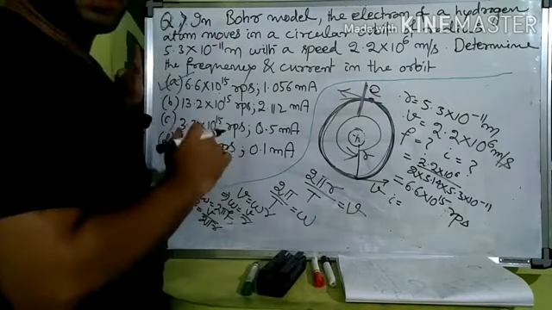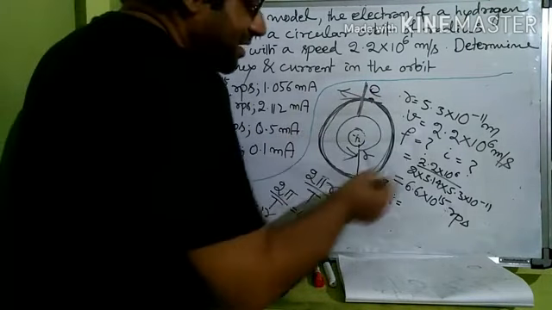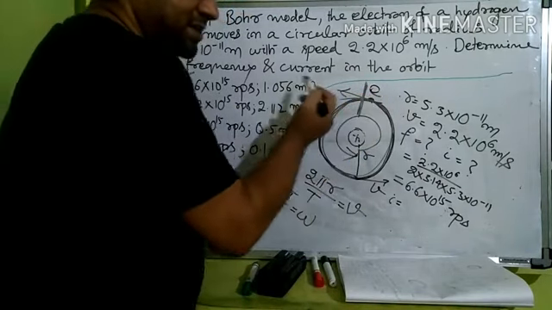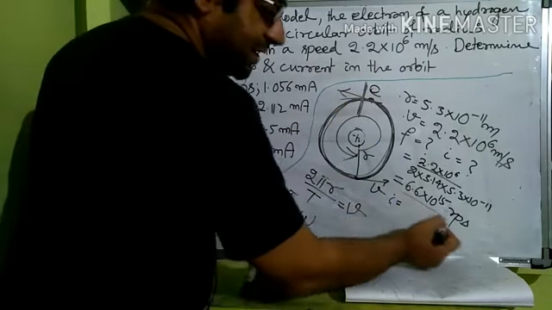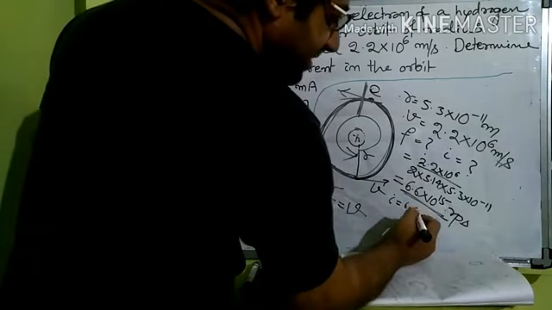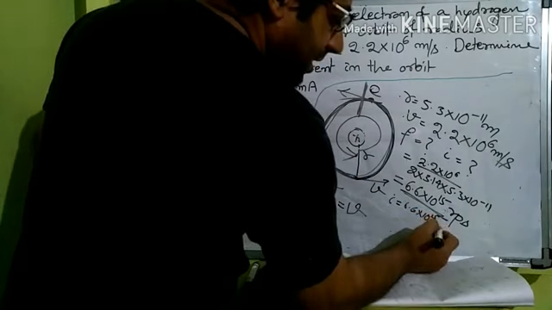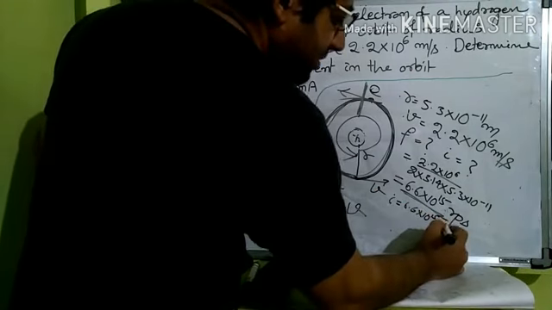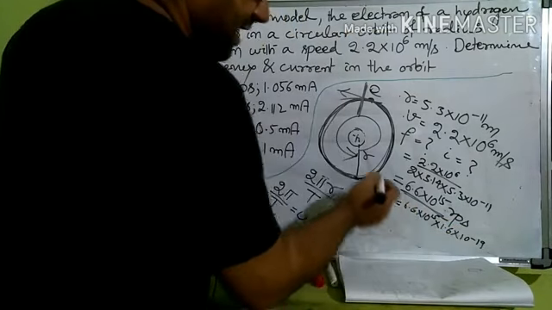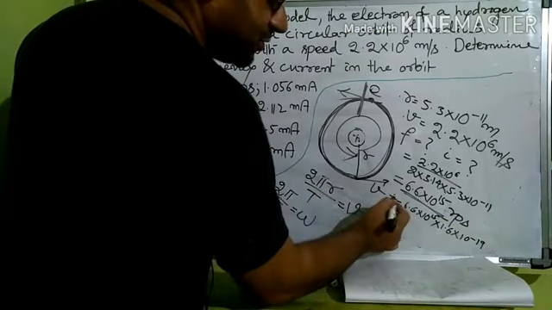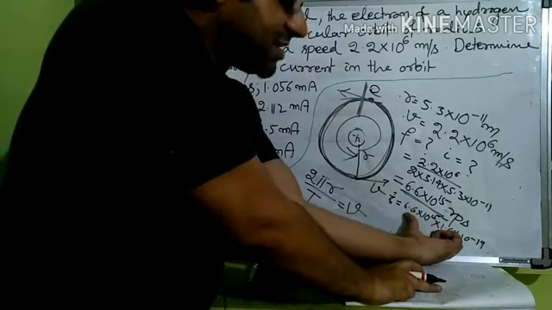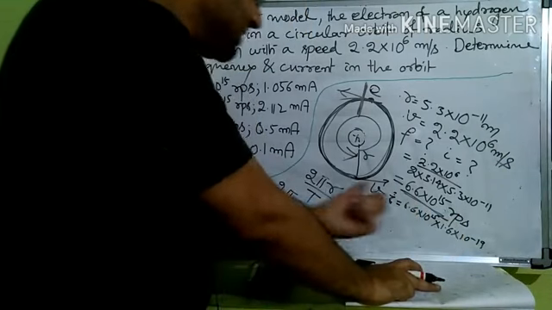So if these many RPS are happening, what is the total charge passing? 6.6 × 10^15 multiplied by the charge of one electron, 1.6 × 10^-19. So this much is the charge passing per 1 second. Current is equal to charge by time, and this charge is passing per 1 second, so that is the current.